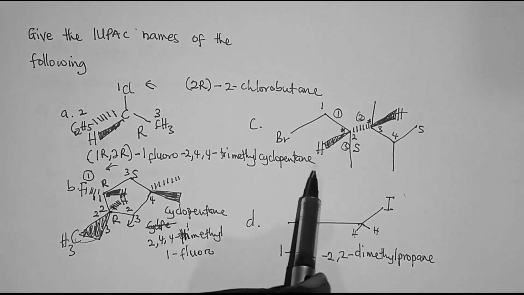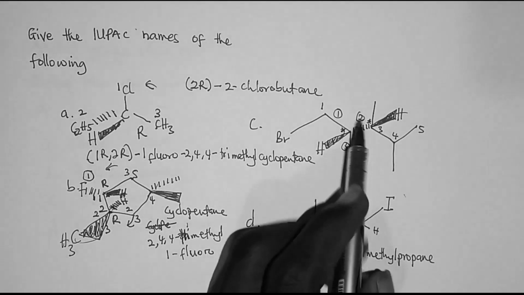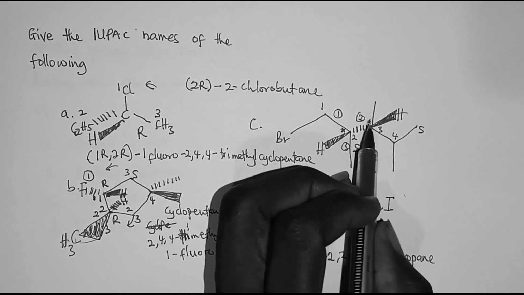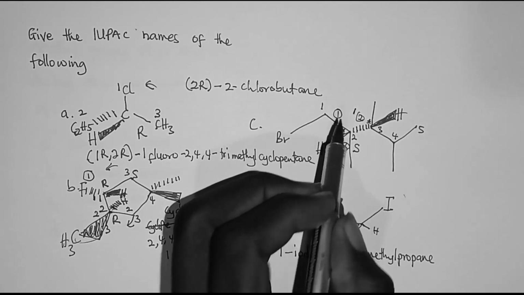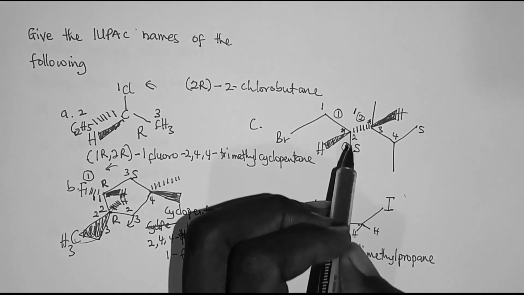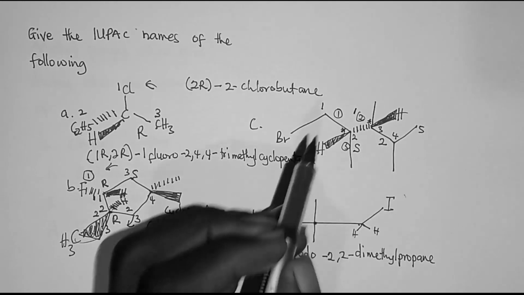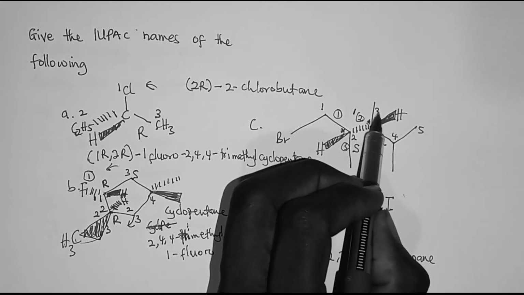And let's come to this side as well. So you can see that at this side, this is carbon number 1. Number 1 is here, and then this one is number 2, and this is number 3.